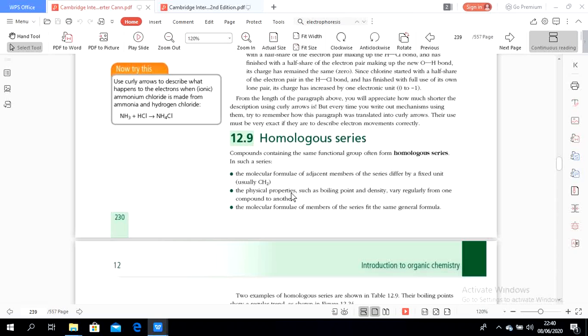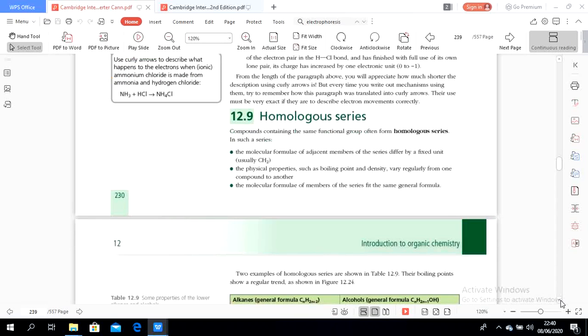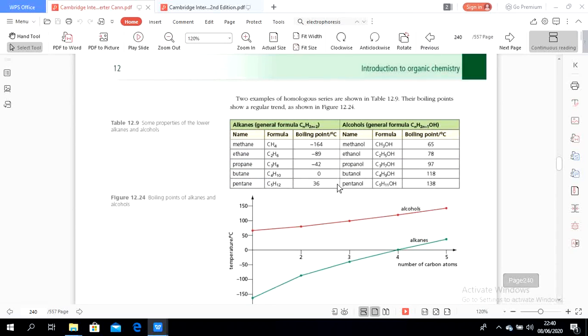And the second, physical properties such as boiling point and density vary regularly from one compound to another. The molecular formulae of members of the series fit the same general formula. Like this one, alkanes are a homologous series, and alcohols are also another homologous series.